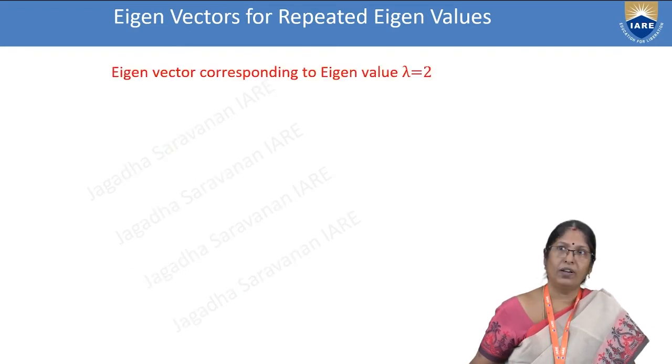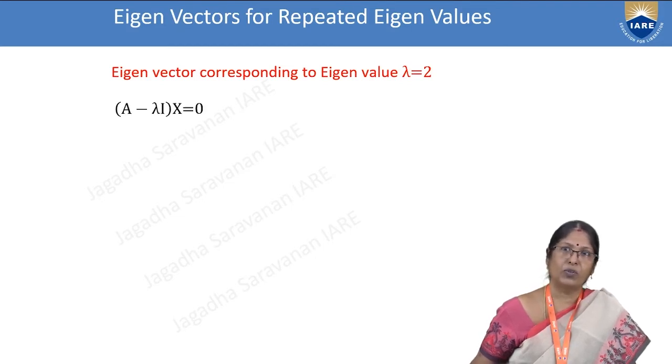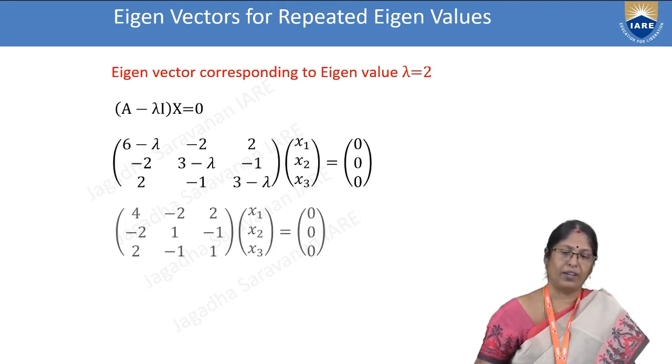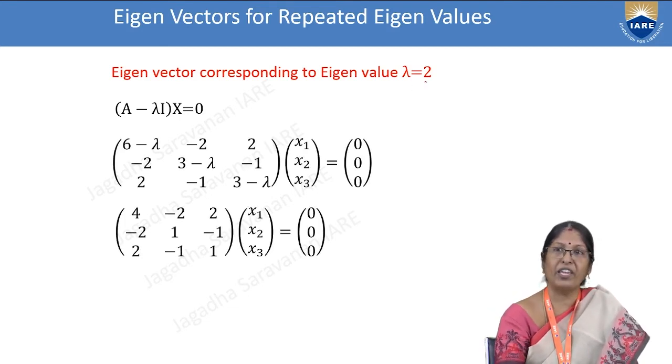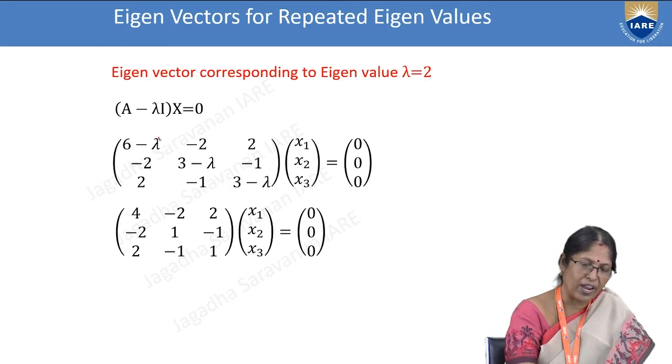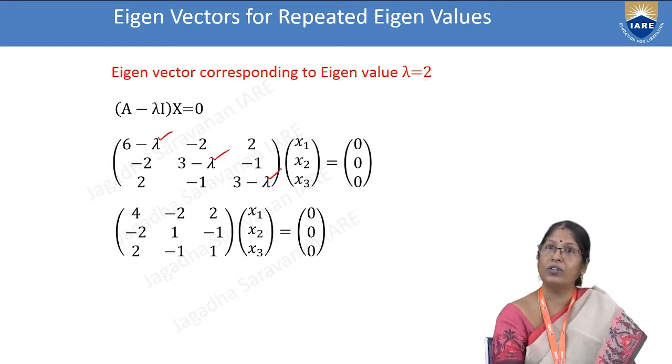Next, the eigenvector corresponding to the eigenvalue lambda equal to 2. We have to keep in mind that 2 is repeated. So (A minus lambda I) x equal to 0. This we have taken as it is. Now lambda equal to 2, that is, wherever lambda is there, we put 2.